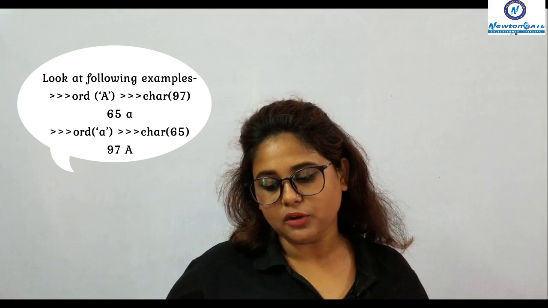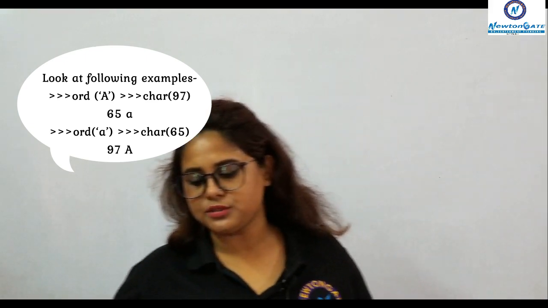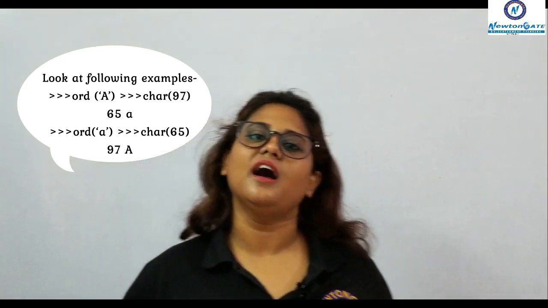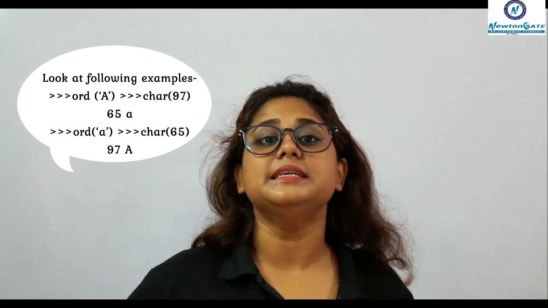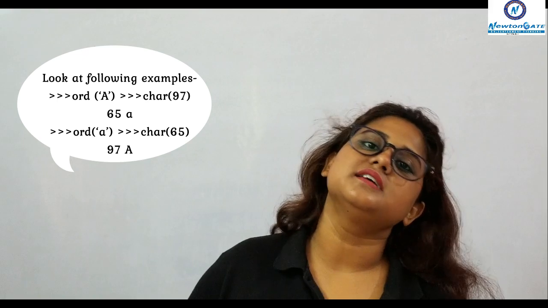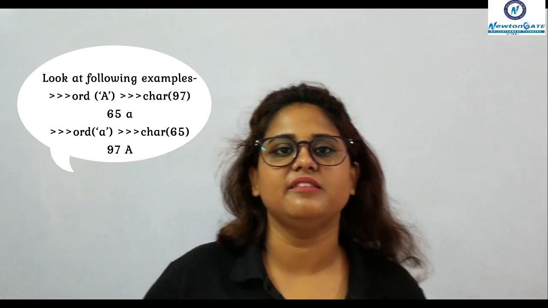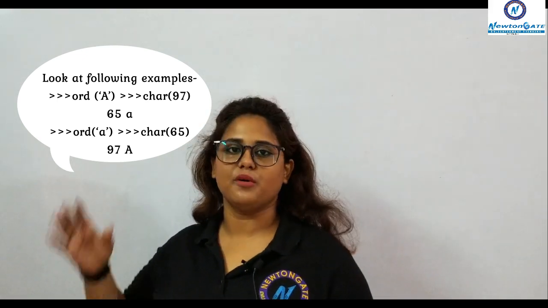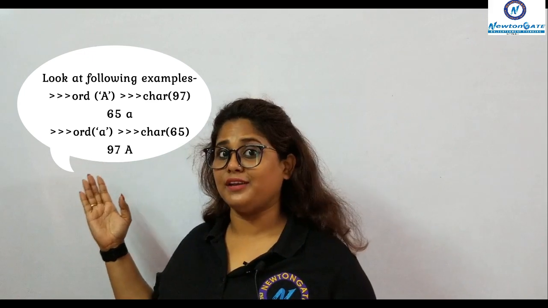For the Unicode values, you just write chr and then we give the character number of the character we want to get. Suppose we enter 97, so chr 97 we get as small a. You can see it over here.